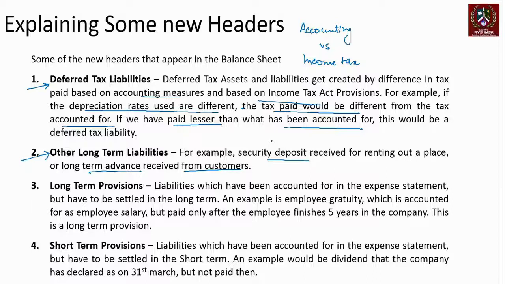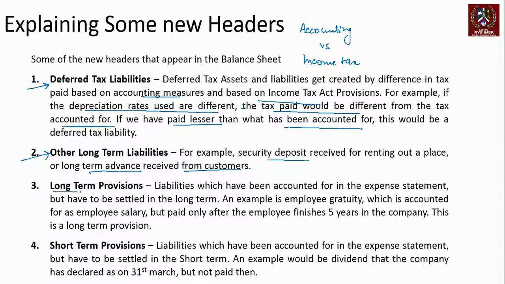Similarly, if I have a big factory premise which I have rented out to someone else for their usage, and I have taken a security deposit for that renting out, that will act as other long-term liability, right? There could be other long-term liabilities as well.